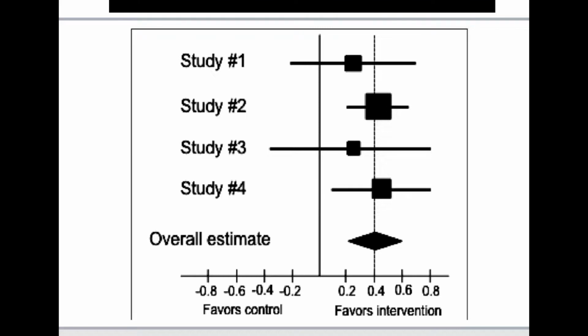But if it is randomized, the person who's doing the study may not be able to know which group is the control and which group is the intervention. He will be given two kinds of medication. This is medicine 1, this is medicine 2.